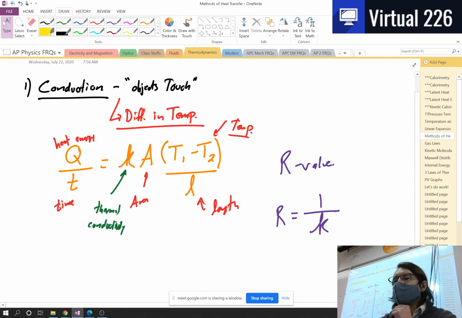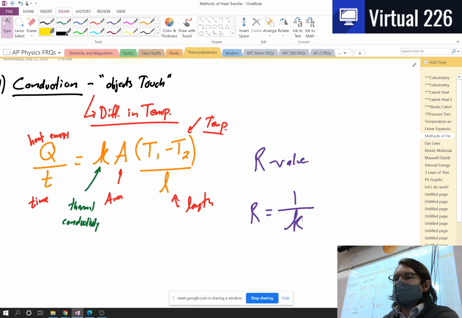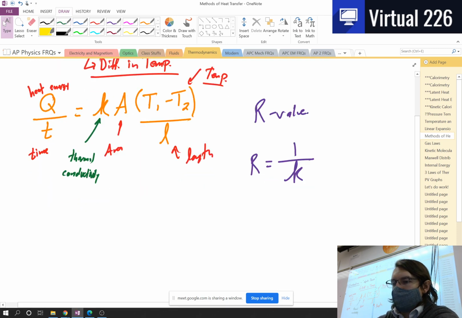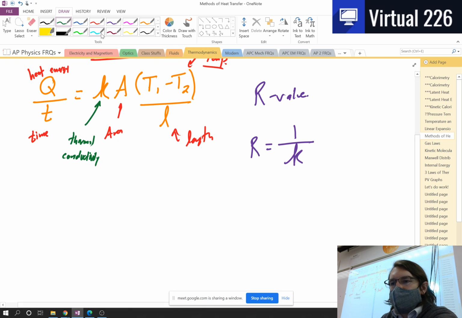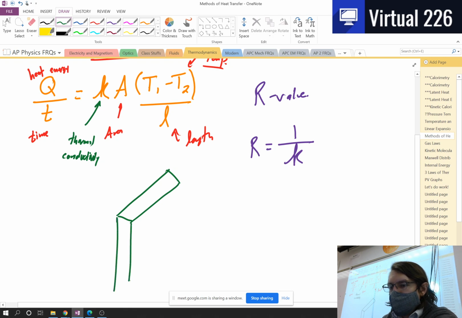A nice way to think about this equation, if you ever absolutely forget it and need to rederive it, is to think about a front door of a house. If you draw yourself a little door, there are a few things on this door that make sense in terms of heat transfer. Let's make the outside of this door over here very hot, like it's summertime, and the inside is very cold.